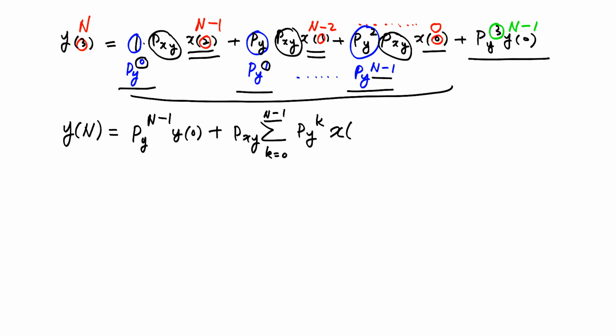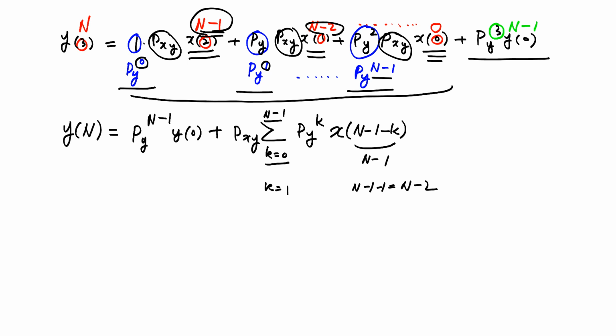So the index decreases. If you say the index is n minus 1 minus k, then if k is 0, then this value becomes n minus 1, which is this. How about if k is 1? Then n minus 1 minus 1 is n minus 2, which is this value here.